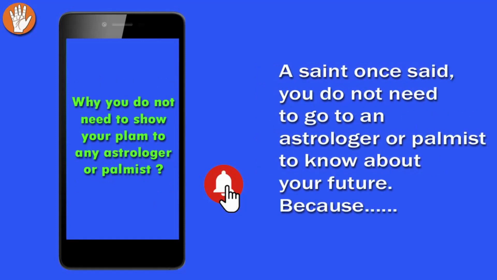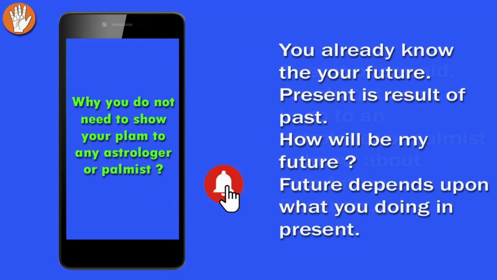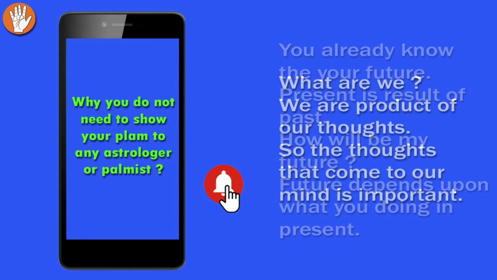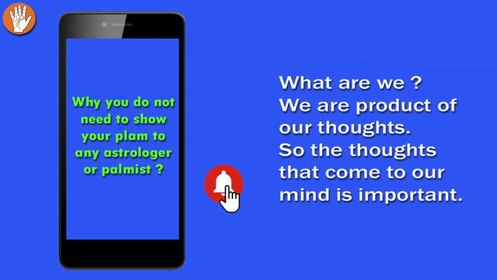A saint once said, you do not need to go to an astrologer or a palmist to know about your future, because you already know your future. Present is a result of past. How will be my future? Future depends upon what you are doing in the present. What are we? We are product of our thoughts. So the thoughts that come to our mind are really important. Keep positive thoughts and keep good company, because company matters the most.